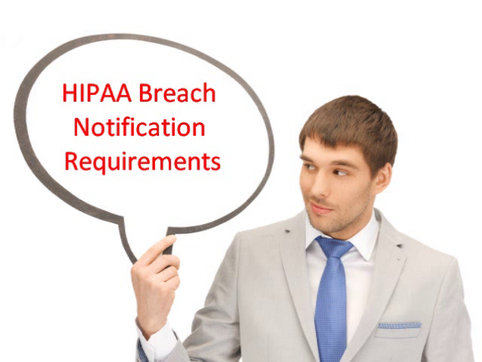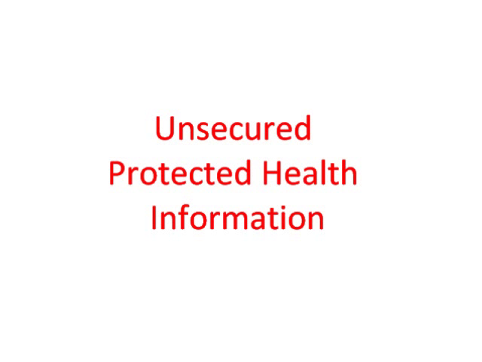Let's take a look. But first, what exactly is unsecured protected health information? Unsecured health information is protected health information that has not been rendered unusable, unreadable, or indecipherable via approved encryption methods, and the encryption code or confidential process for such encryption remains unbreached.